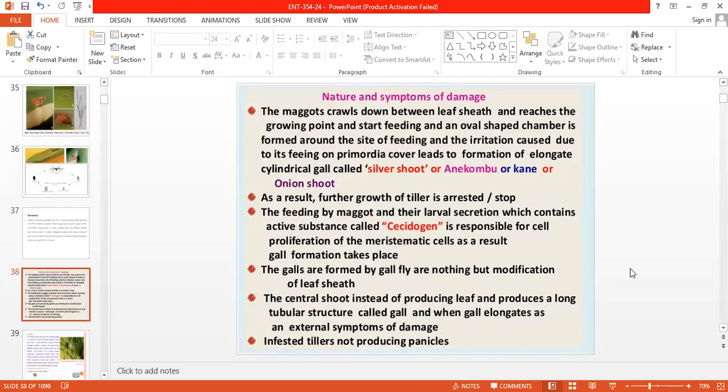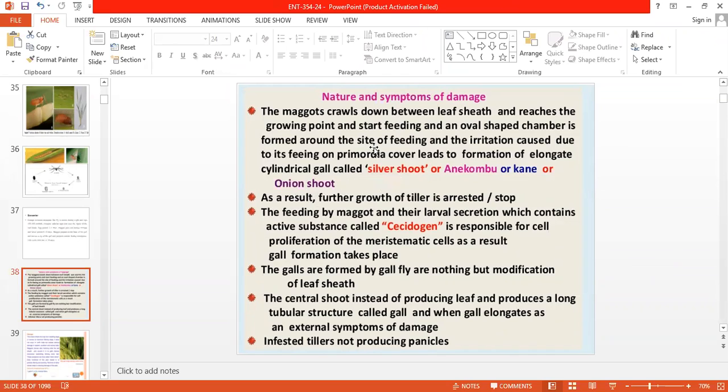Then nature of damage. This is a Dipteran order pest. Mainly their damaging stage is the maggot. So mainly maggots, after hatching from the eggs, feed at the base of the growing shoot and cause a tube-like formation at the base of the shoots, that is called a silver shoot or onion shoot.